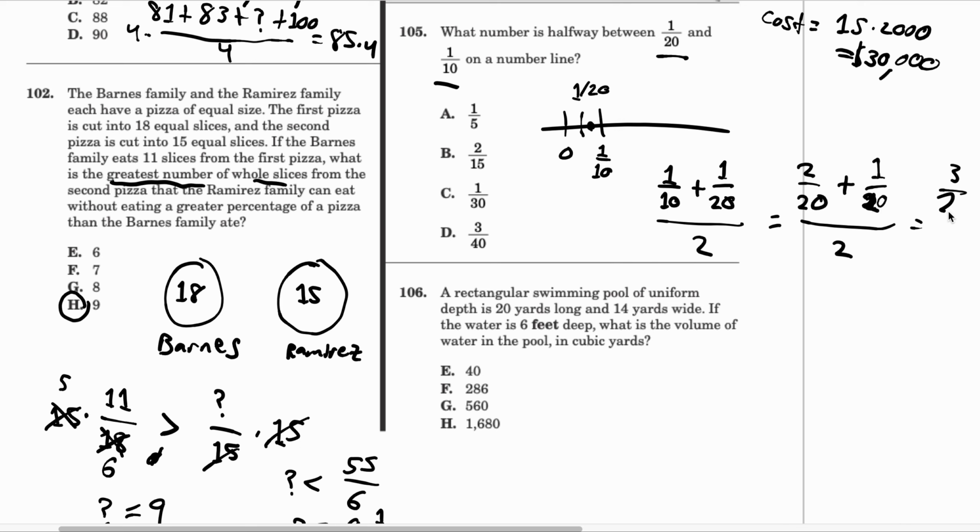So this would just be 3 over 20 and then over 2, which can be rewritten like that. And then we would have 3 over 20 times 1 over 2, which is just 3 over 40. So that would be the average, and therefore 3 over 40 is halfway between 1 over 20 and 1 over 10. So that's D.